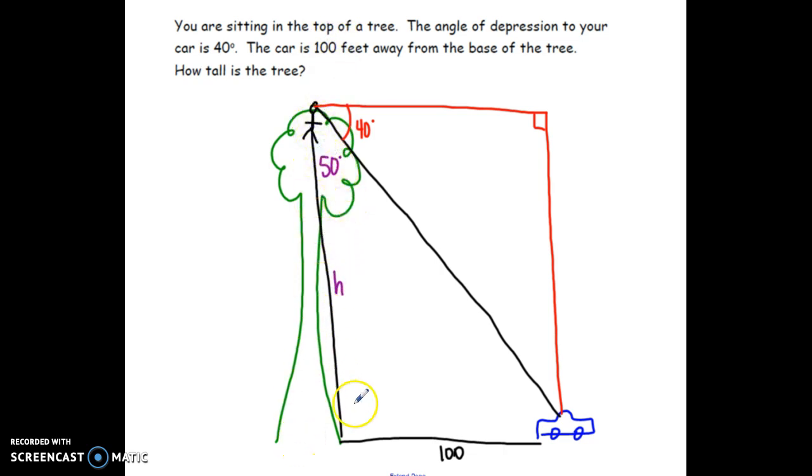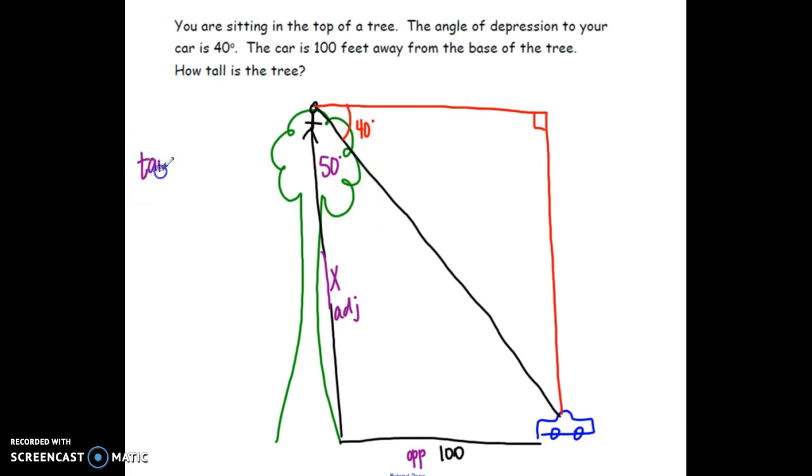So if I'm going to use the black triangle here, and I know that from 50 degrees, the opposite over here is 100, so this is the opposite. And then this is the adjacent side. So maybe I want to call that A just so that you don't confuse that with the hypotenuse. Or, let's just call it X because we're pretty used to finding X. So opposite over adjacent, we know that this is going to be the tangent.